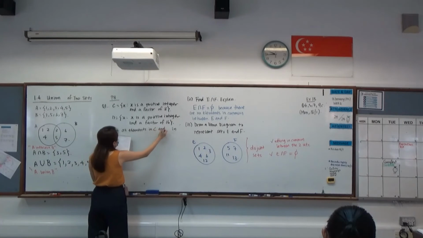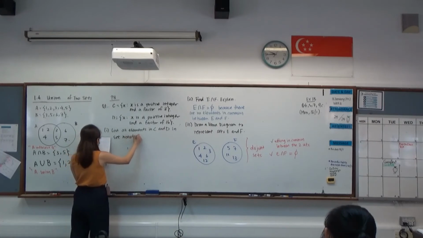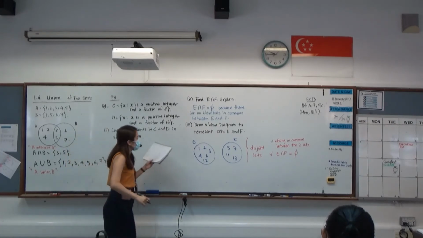I want you to list out all the elements in the sets C and D. So could you do that now?